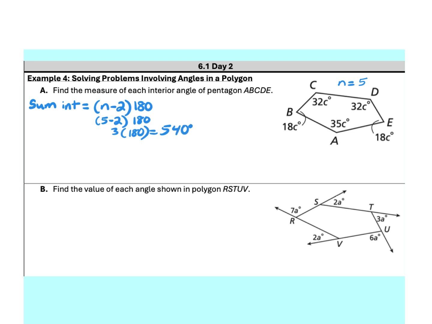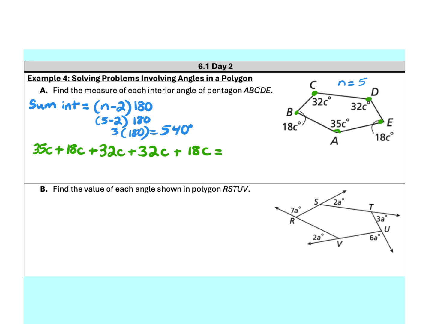Well, the angles inside there have to add to 540, and you can see that we have these different algebraic expressions. So angle A is 35C, angle B is 18C, angle C is 32C, angle D is also 32C, and angle E is 18C. So I'm taking those expressions from A, B, C, D, and E, and I'm adding them up.